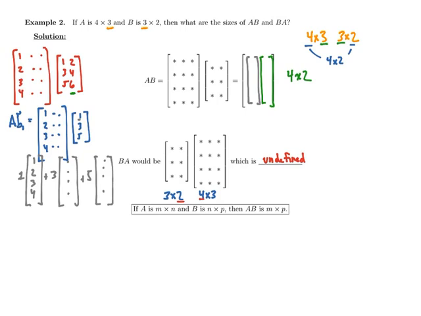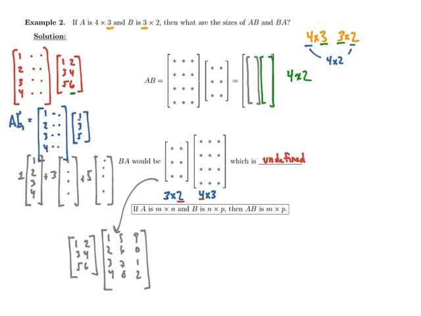We can think about again why this is the case. Let's see what would happen if I take these entries together. Let's look at our example: 1, 2, 3, 4, 5, 6 times, let's just do 1, 2, 3, 4, 5, 6, 7, 8, 9, 0, 1, 2.